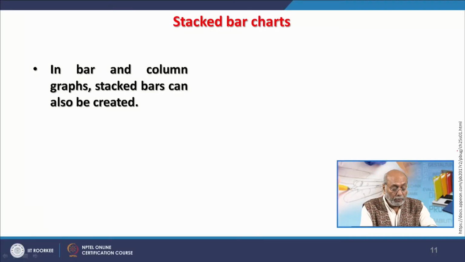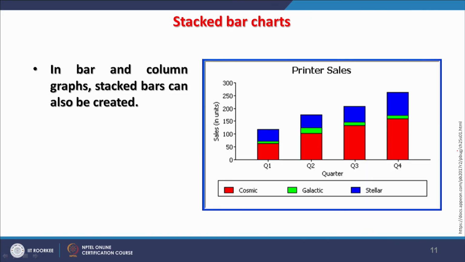Stacked bar graphs or stacked charts are also created like this, multi-story bar charts you can say. So again the legend is there, a title is there, complete axis details on both x-axis and y-axis are there, and whatever sales you are trying to show is coming out very clearly: which item or what type of printer is being sold in different quarters.